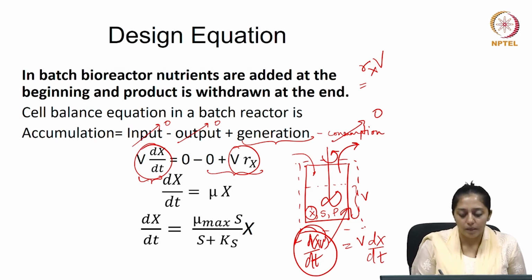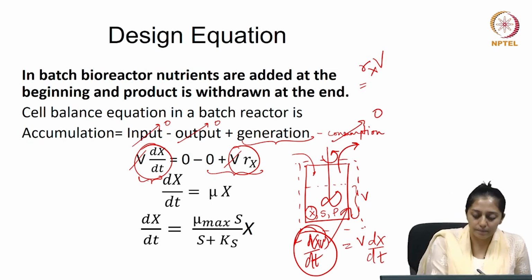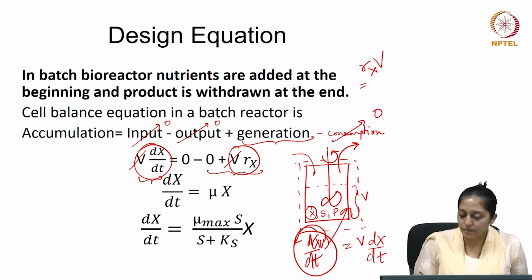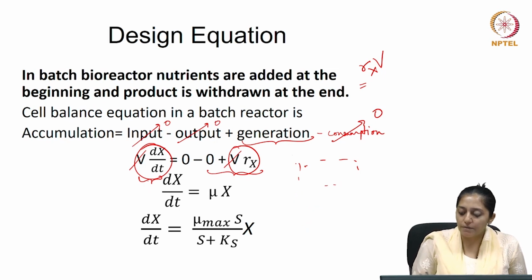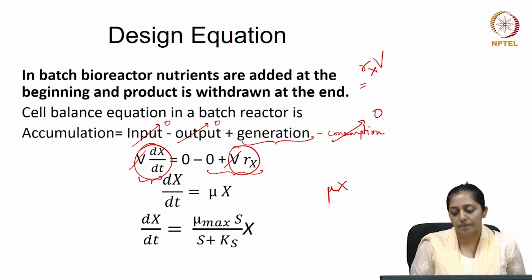So, now if we try to correlate, your V and V will get cancelled. Now, this Rx is the growth rate of the culture. So, it can be written in terms of specific growth rate, if you remember, as mu times x.